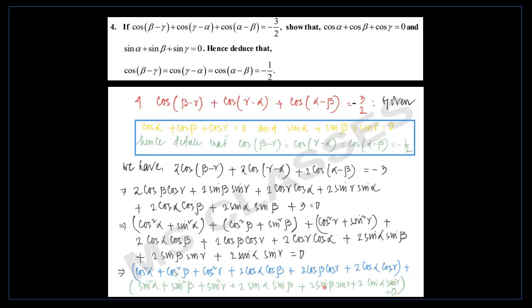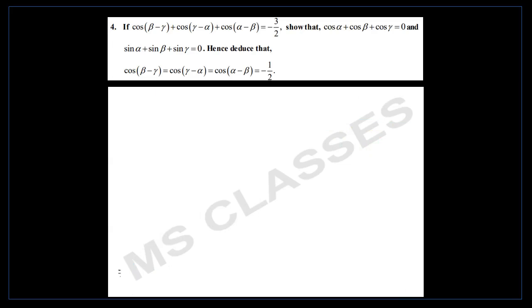So on simplification, we can write cos alpha plus cos beta plus cos gamma whole square plus sin alpha plus sin beta plus sin gamma whole square equal to 0.